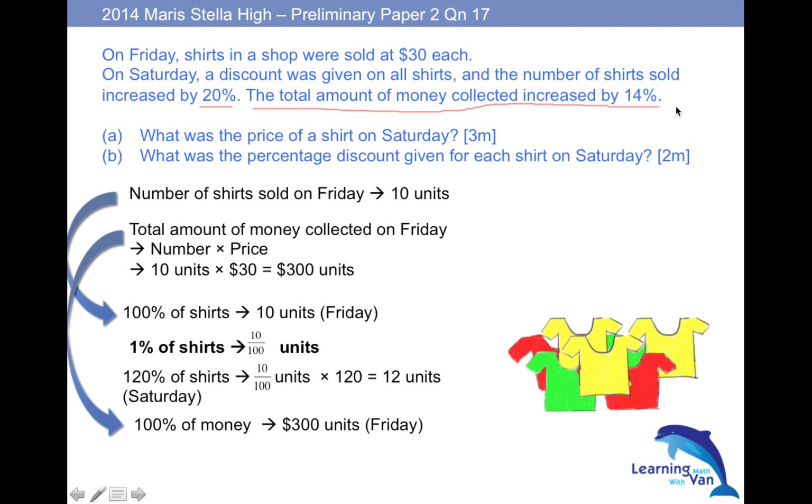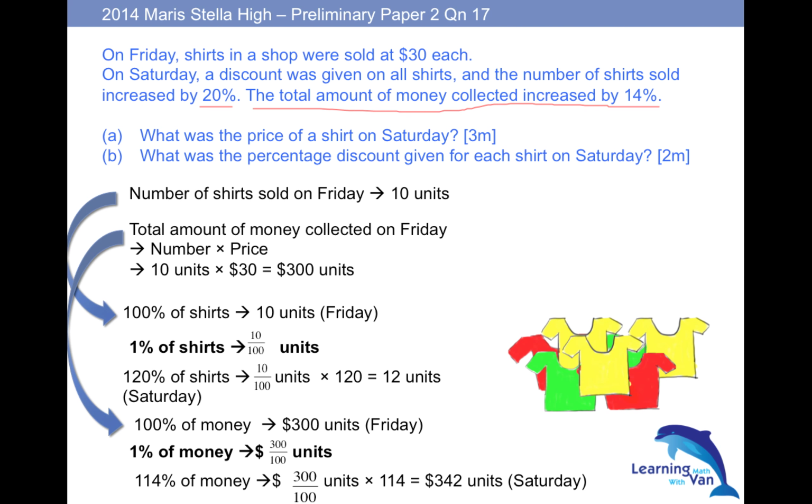So 100% of the money collected will be 300 units dollars. So again, reduce to 1%. 1% of the money will be 300 over 100 units dollars. So what is 114%? That is the amount of money collected on Saturday. That will be 342 units dollars.